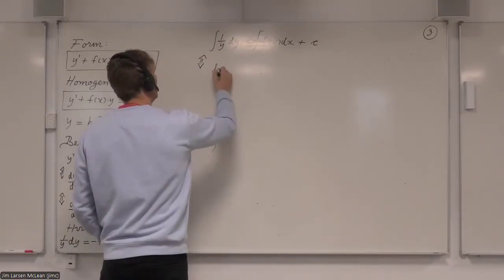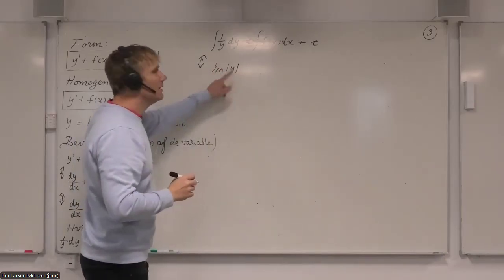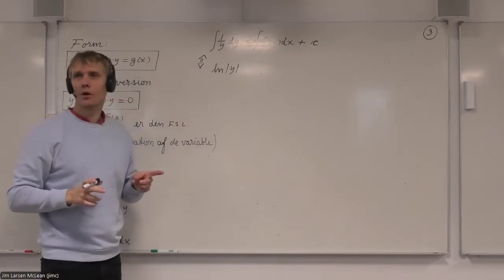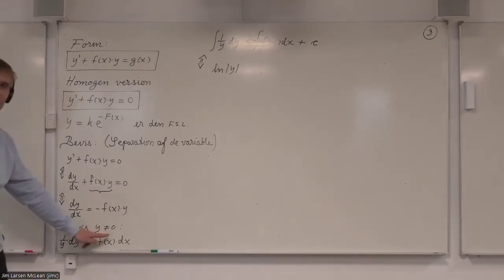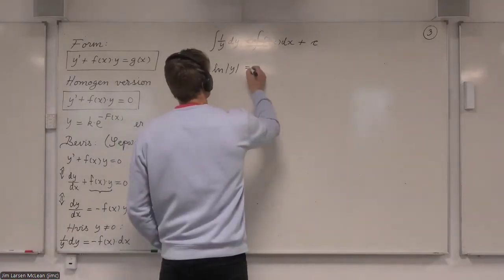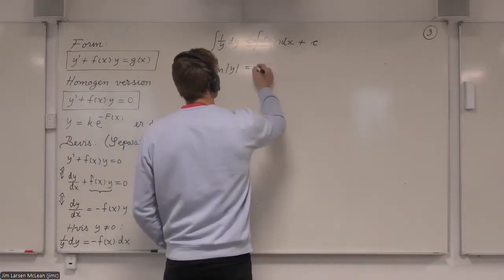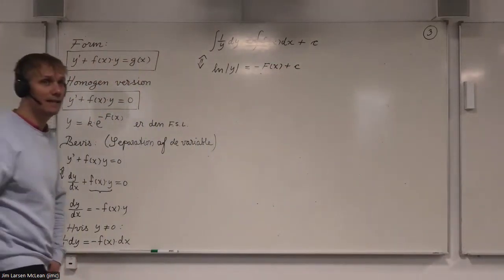So here is the natural logarithm of the absolute value of y. And why should it say absolute value? Because you cannot take the ln of something negative, and I don't know if y is negative or positive. The only thing I know about y is that it's not 0, and that's what I've assumed. And on the right side, well, I can just find the antiderivative of f, that's capital F, and then plus c, and c is some real number.